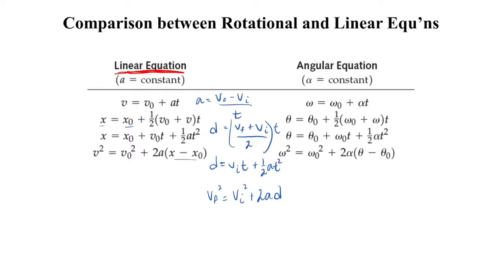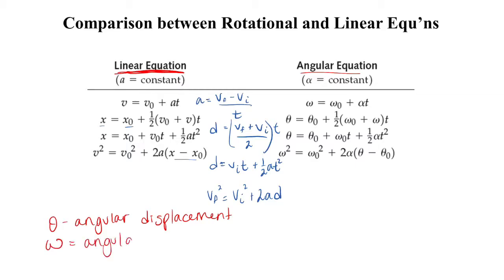But since we now have all these angular analogs to all these linear things, instead of displacement, we have angular displacement, which is, of course, theta. And instead of velocity, we have angular velocity, which is omega.